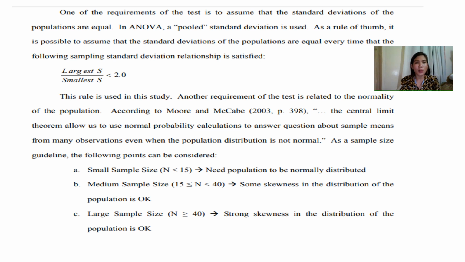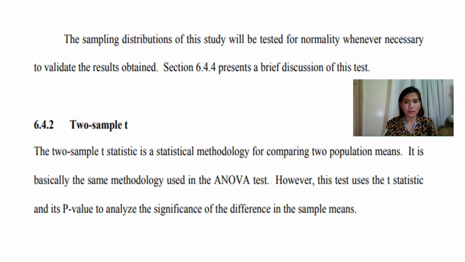C. Large sample size, where n is greater than or equal to 40, strong skewness in the distribution of the population is okay. The sampling distributions of the study will be tested for normality whenever necessary to validate the results obtained. Section 6.4.4 presents a brief discussion of this test.